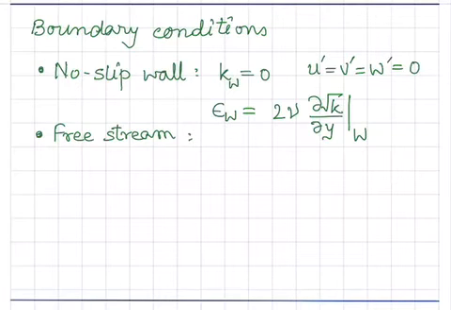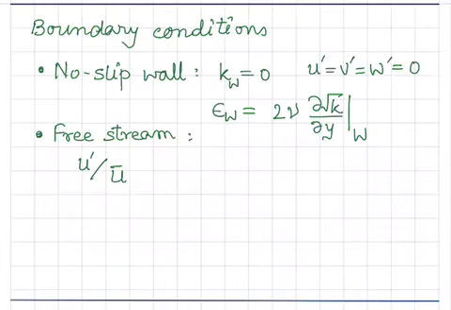To do that, we need values of k and epsilon in the free stream. K again is a measure of the turbulent velocity fluctuations. So if we have an idea of the free stream flow, for example, if we are computing a flow on a flat plate placed in a wind tunnel, flows have some small level of disturbances or fluctuations in the test section, and that is measured in terms of what's called the turbulent intensity, and it is defined as u prime divided by u bar.